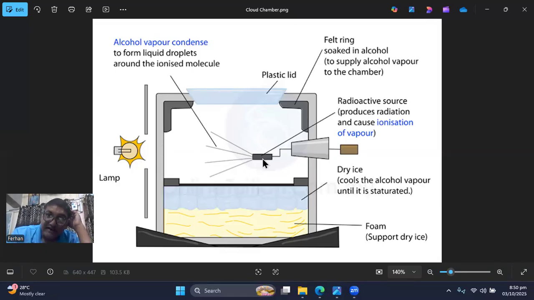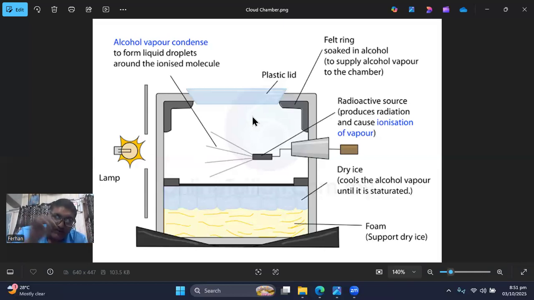You see, this radioactive source will be giving out radiation, and that radiation will cause the ionization of the air particles. And when the air particles become ionized, these vapors will be attracted to those ionized air particles, and they will attach themselves to those ionized air particles. And due to this light, those ionized air particles with which the vapors of that alcohol have attached, when the light passes, they will spark.